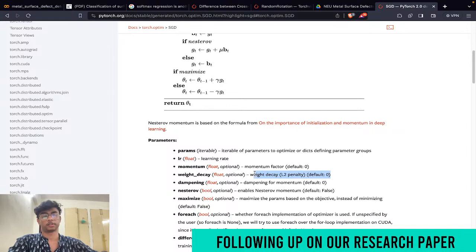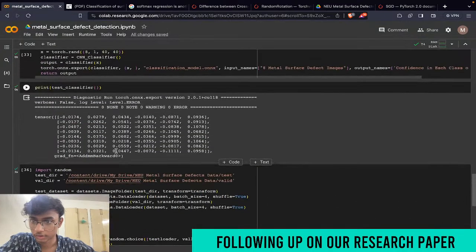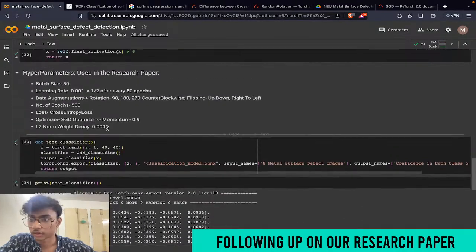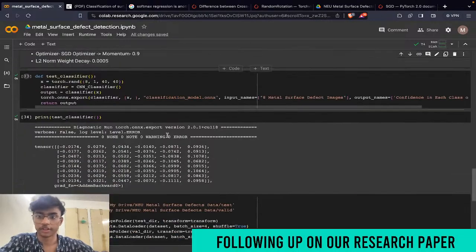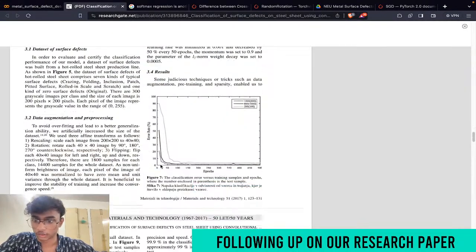L2 penalty. Yeah, we need L2 penalty. Weight decay is 0.0005. Right.